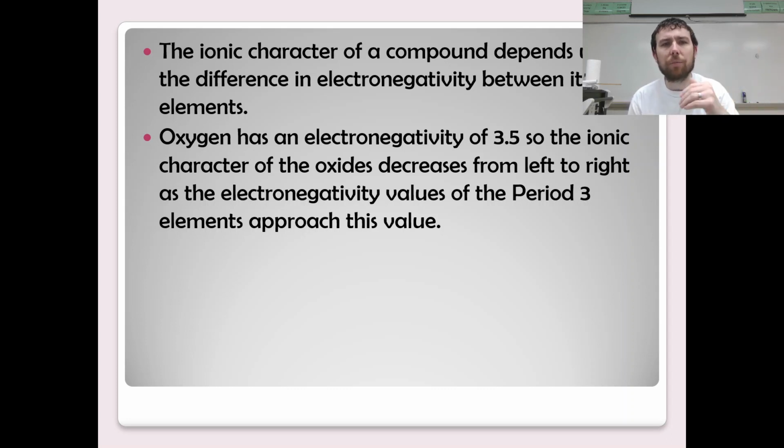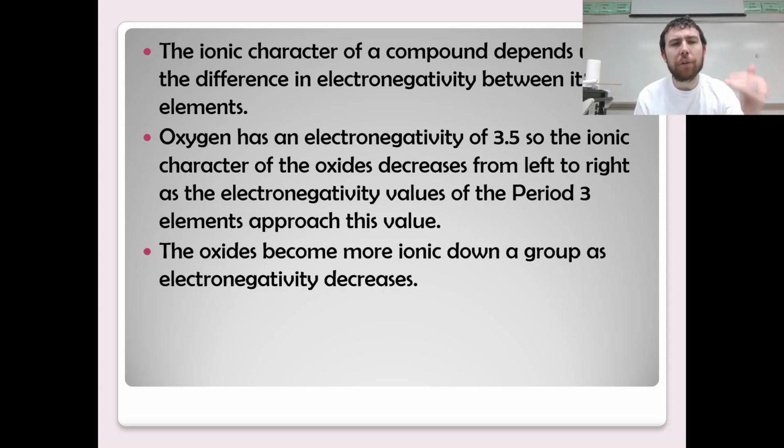So it's going to decrease from left to right as the electronegativity values of period 3 approach the value of 3.5, right? So keeping that in mind, that would mean that the most ionic character bond with oxygen, at least in period 3, would be between sodium and oxygen, because that'd be the greatest difference in electronegativity between those two elements.